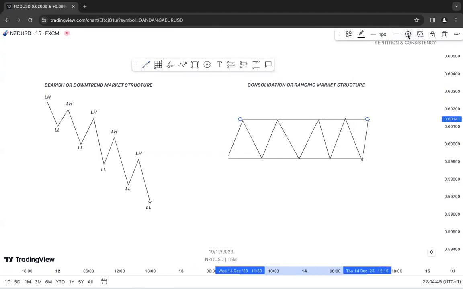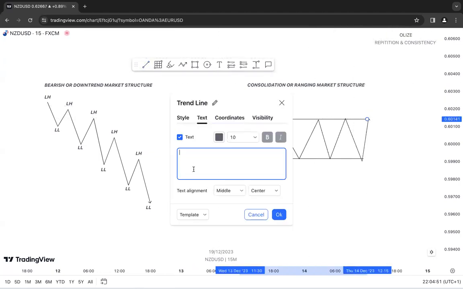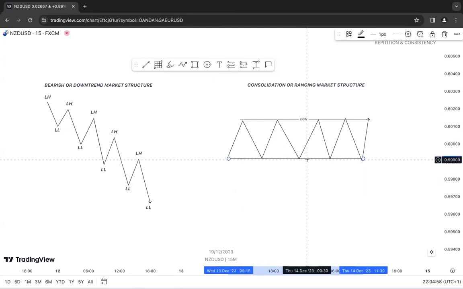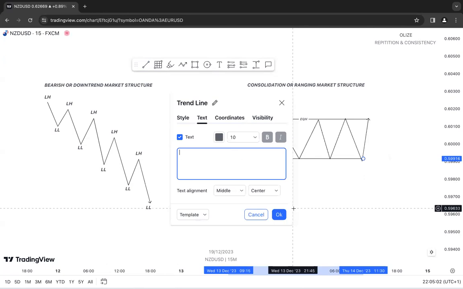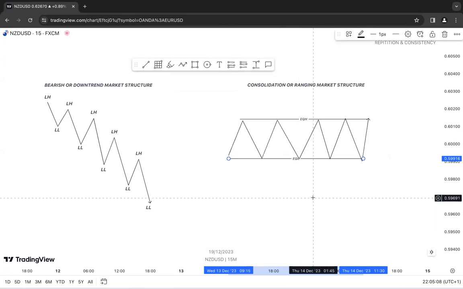I usually take this as liquidity. My EQ stands for my equal high, and this stands for my equal low.